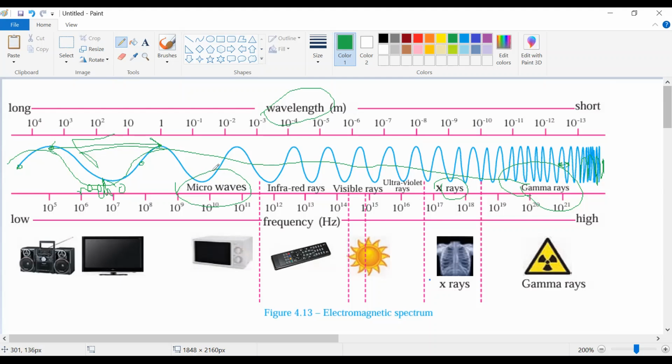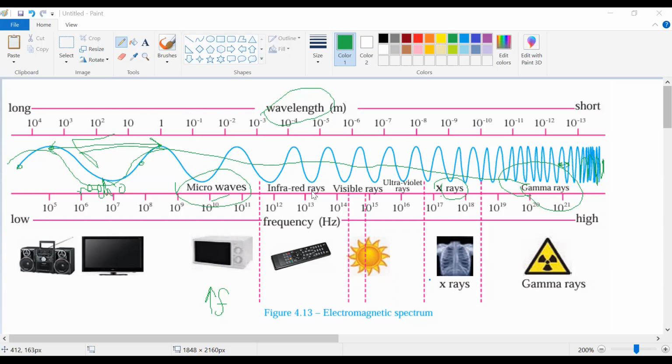Which one among microwaves and X-rays will have higher frequency, I'm asking. Is it here or here? Tell me. X-rays. Yeah, highest frequency is in X-rays, right?